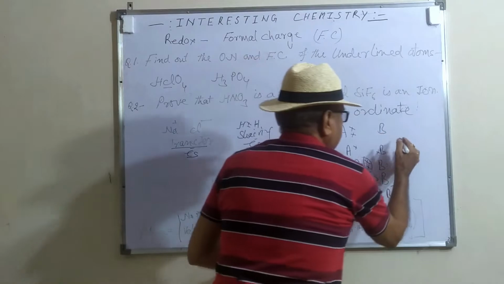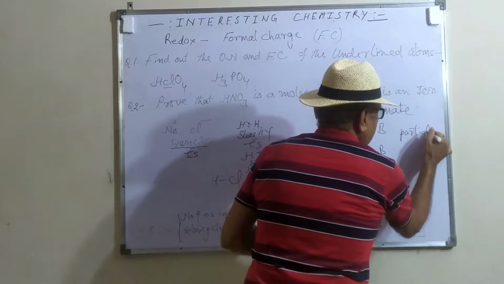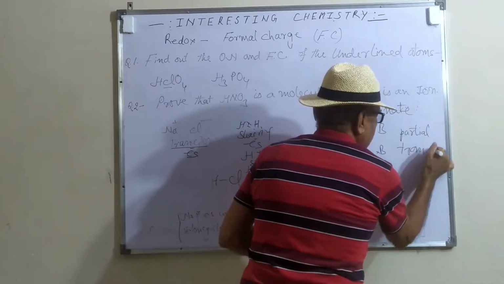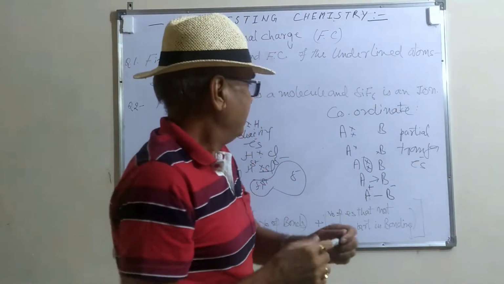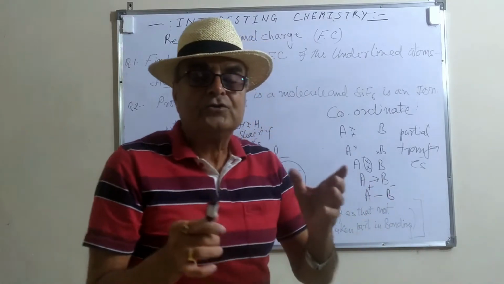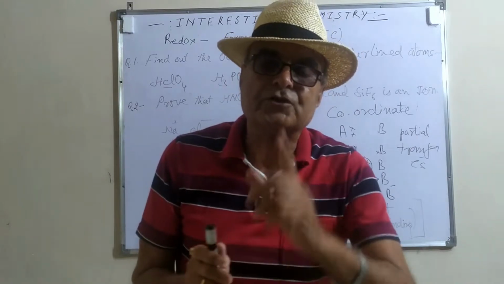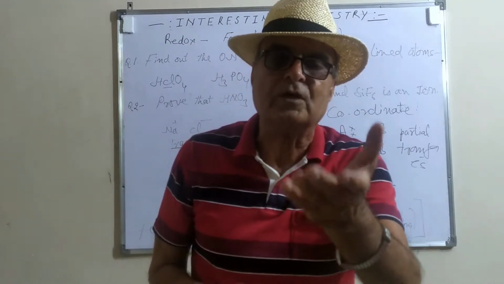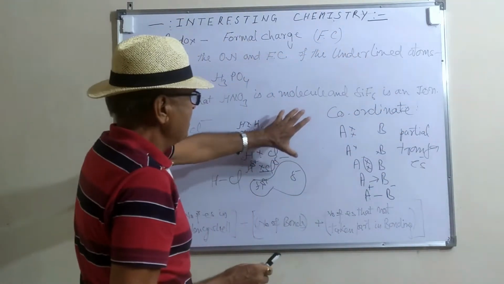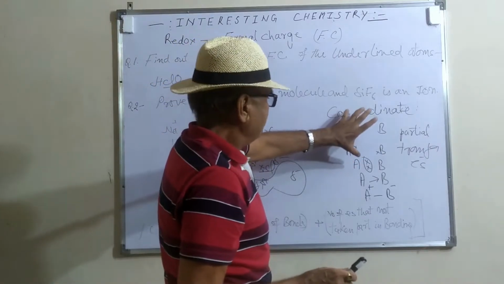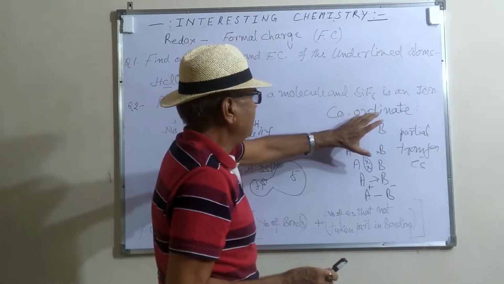It is a partial transfer of electrons. The charge that occurs due to the partial transfer of electrons is called the formal charge, or FC. So I have explained how you will tell the formal charge in a coordinate compound.